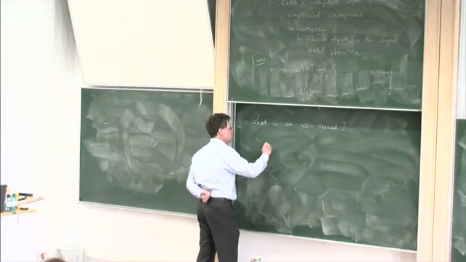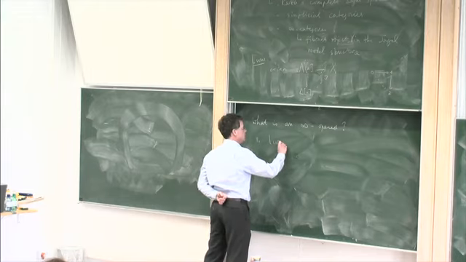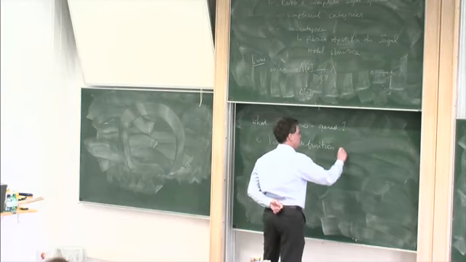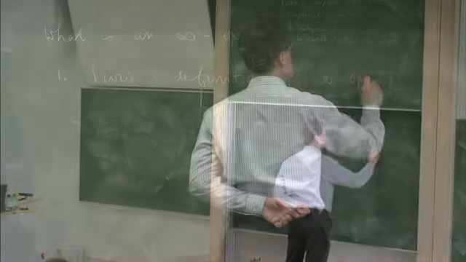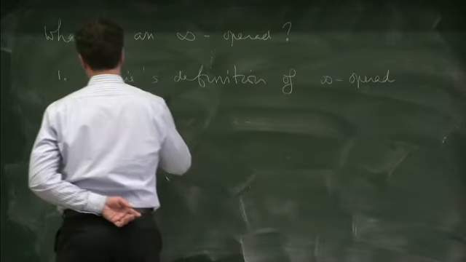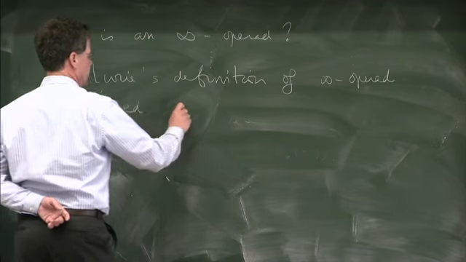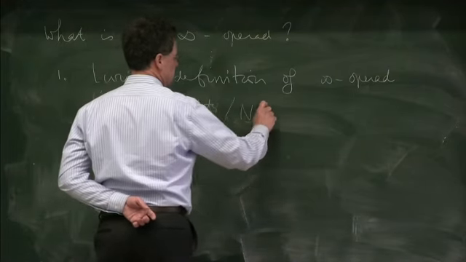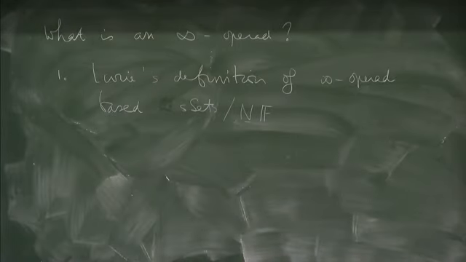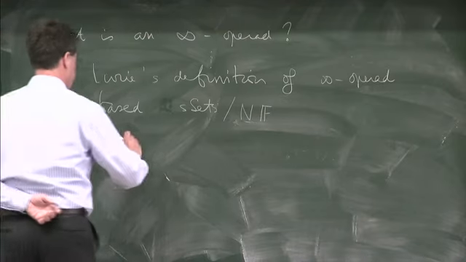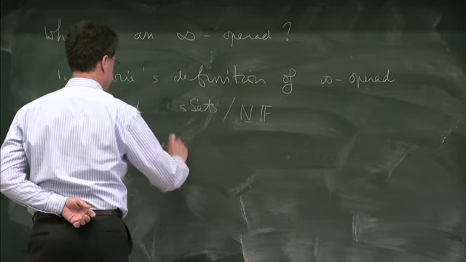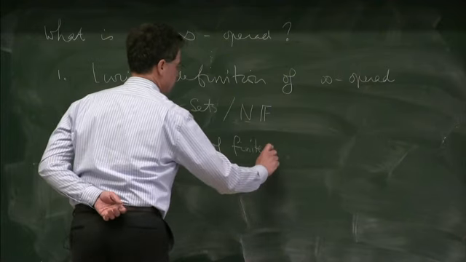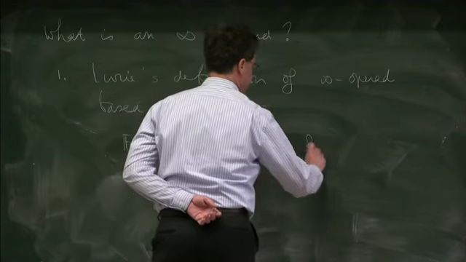So one is Lurie's definition of infinity-operad, based on the category of simplicial sets over the nerve of a category which I will call F. F is the category of finite sets, possibly empty, and partial maps between them.